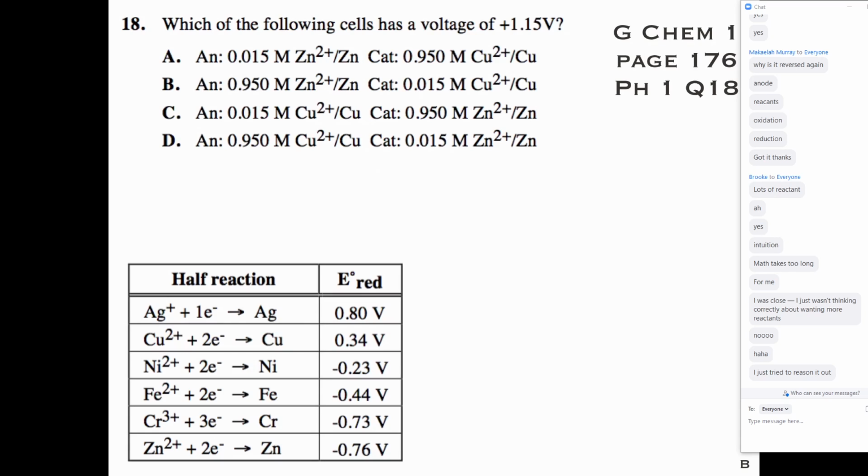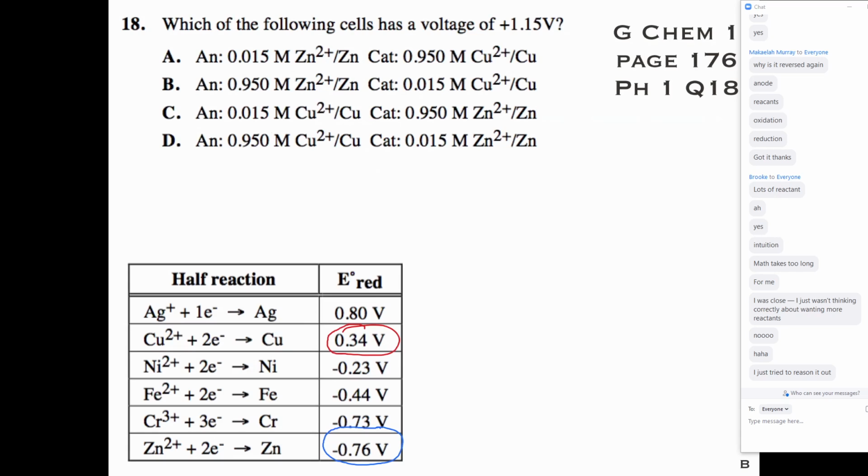Okay, this is also Nernst equation, same thing, but worded differently. So again, I have to figure out which one of these is going to have a 1.1, a copper anode or a zinc anode. So which one do I need to reverse to make this work out?